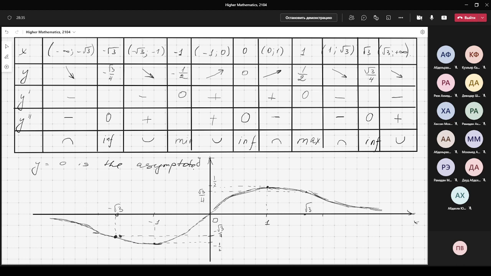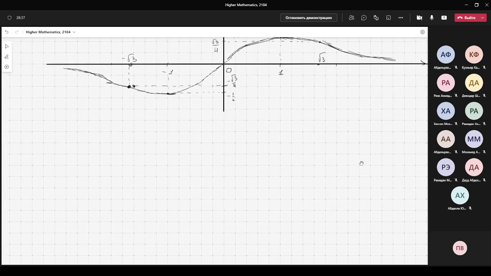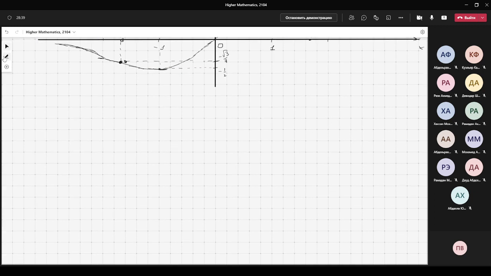Next example. Investigate the function y is the cubed root of 2ax squared minus x cubed.